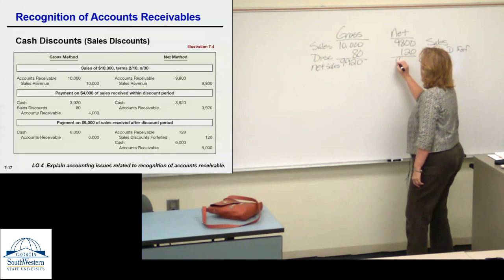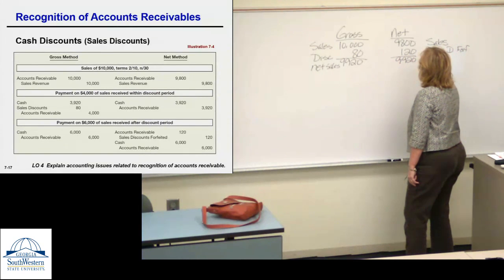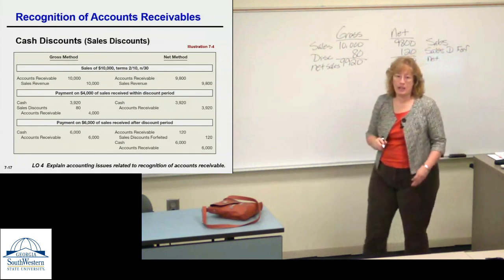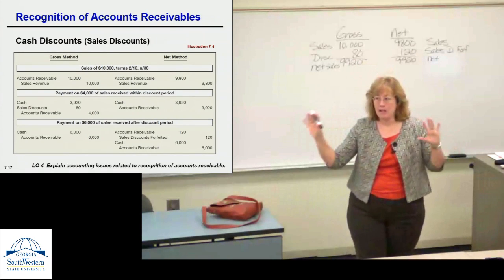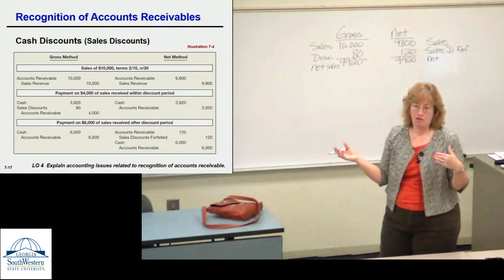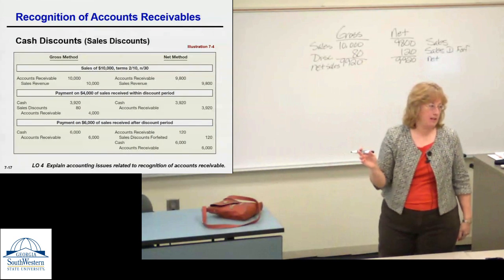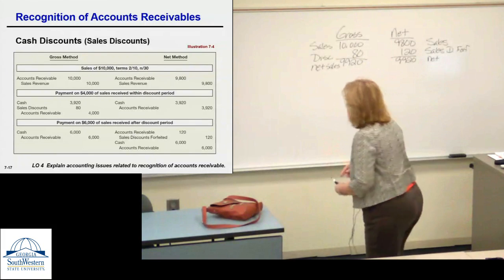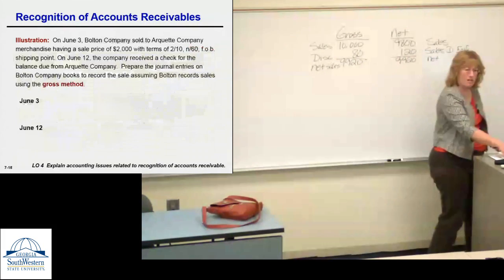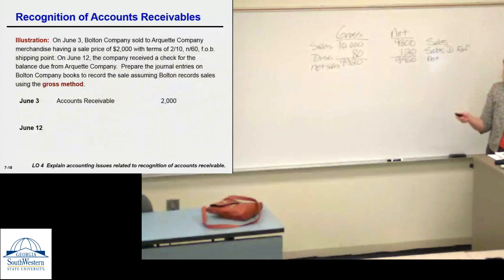So this is added to it, so the net amount is still $9,800, okay? So it works out the same no matter which one you choose. We're going to work a problem on this. Do you see that kind of makes sense? Okay.